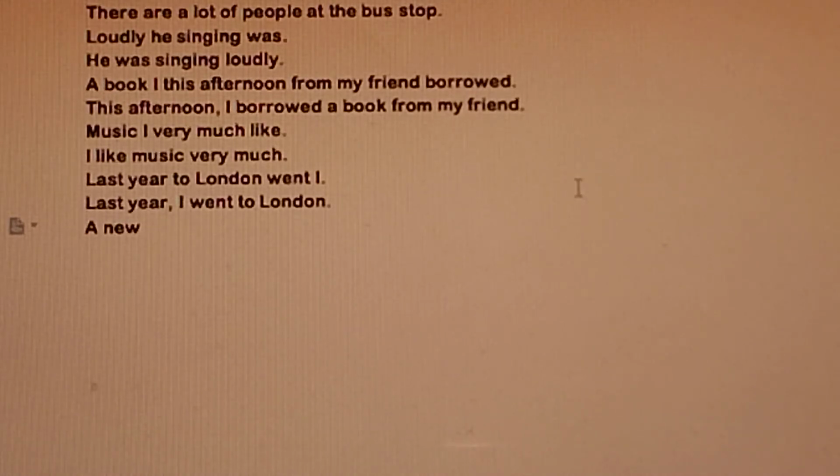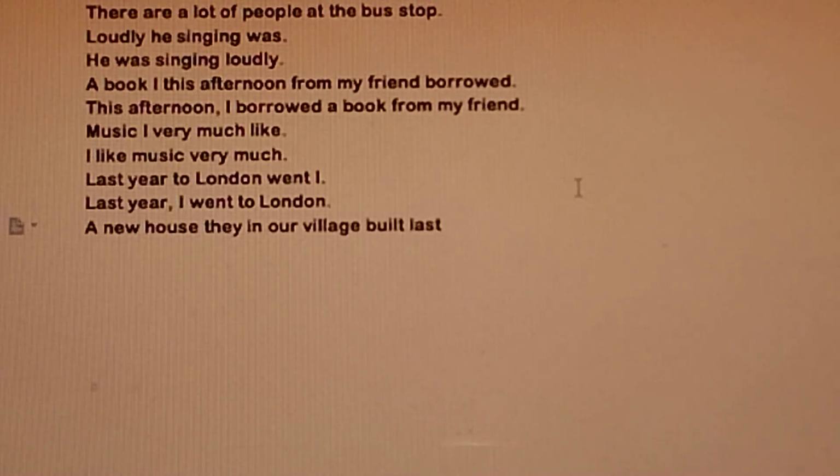New house. They, in our village, built, last year. Okay, now let's try to construct this into a sentence.